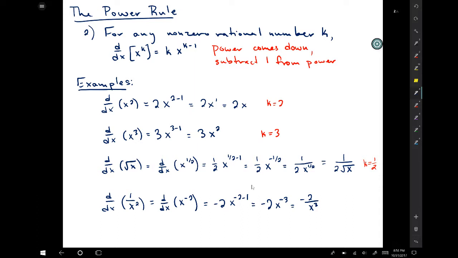But again, you just have to remember that powers in the denominator are negative, and so when they go down by 1, they're getting more negative, which means negative 2 is going to go to minus 3. So in this last example, we have k equal to negative 2. So this rule you can use for any exponent k as long as it's either a whole number or a fraction.